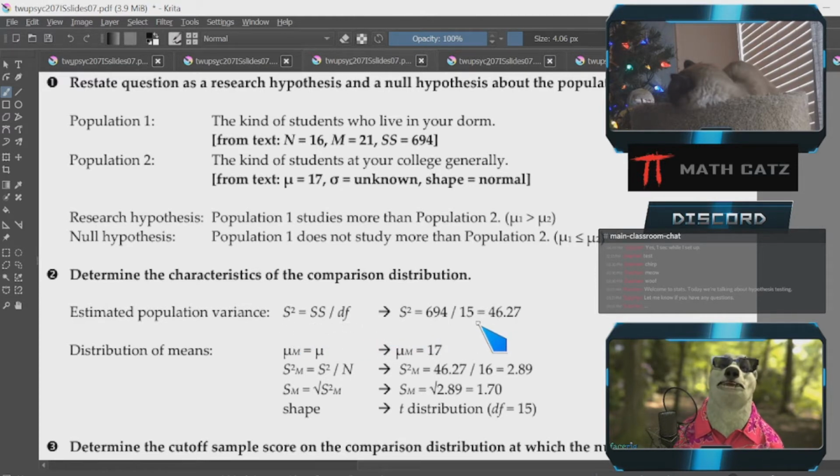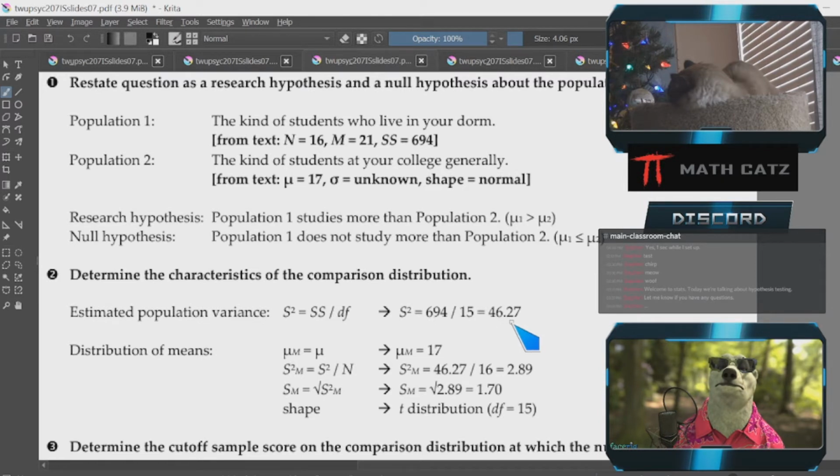So the only thing to really remember that sets this apart from the hypothesis testing procedure we've done previously is that I'm dividing by n minus 1, so 15. And we get a variance of 46.27.